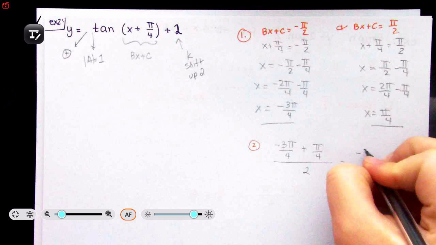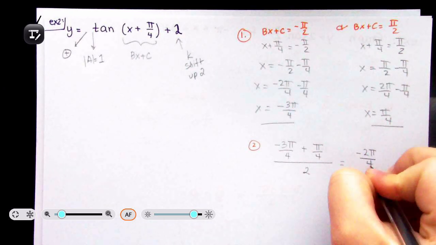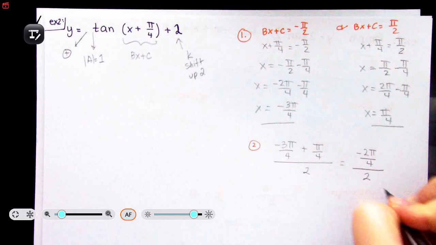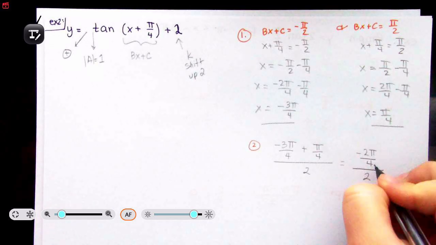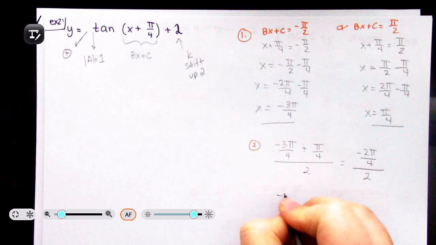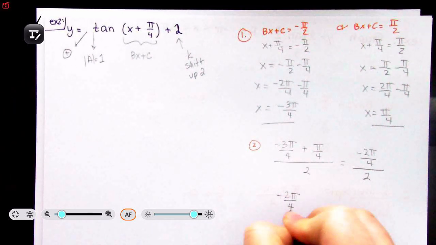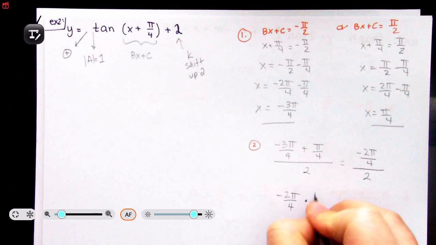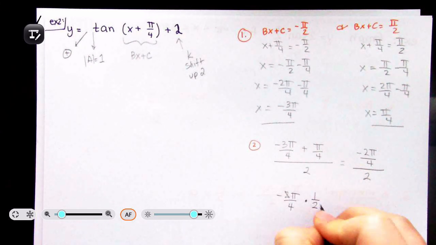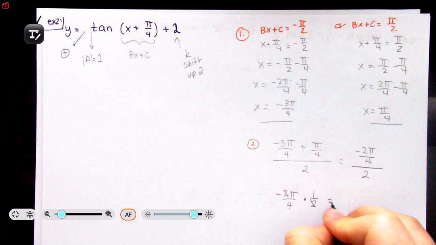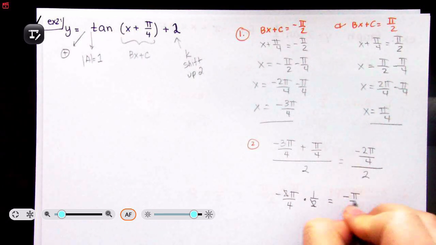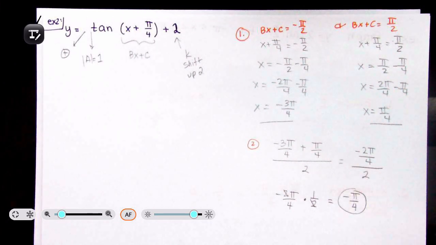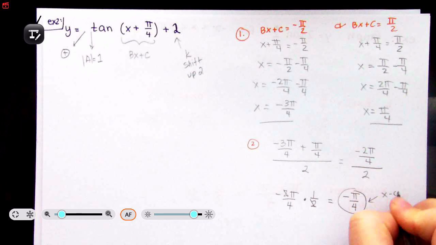That is negative 2 pi fourths divided by 2. I can simplify this, but I'm going to choose not to, because I'm noticing I have a 2 here, so I'm going to multiply by the reciprocal, which is 1/2. Then I'm going to cancel out my 2's, which means I have a negative pi fourth. Now this right here is your x coordinate.